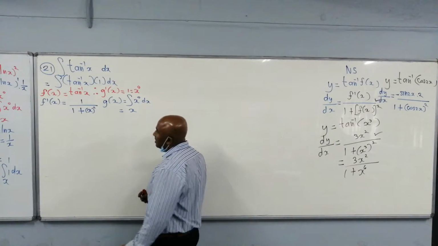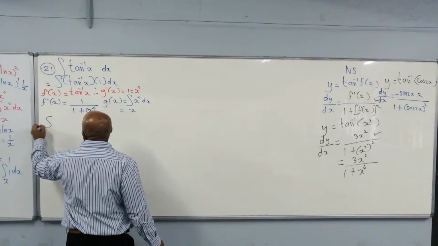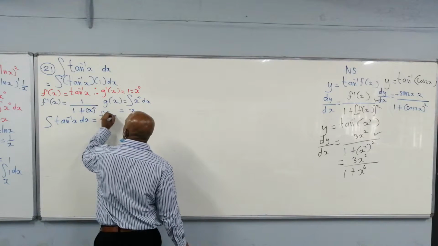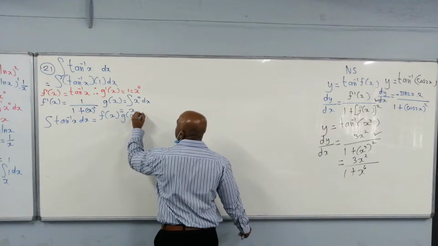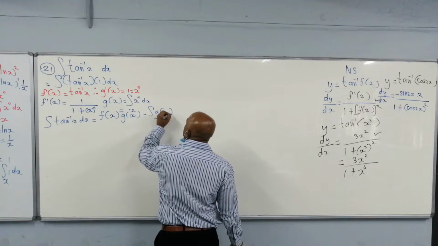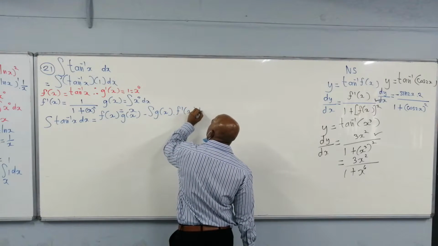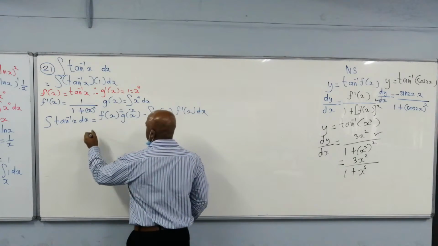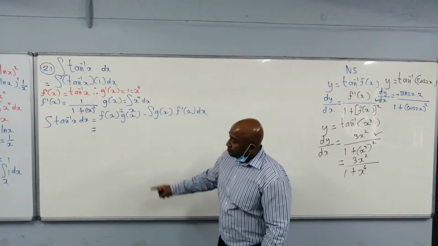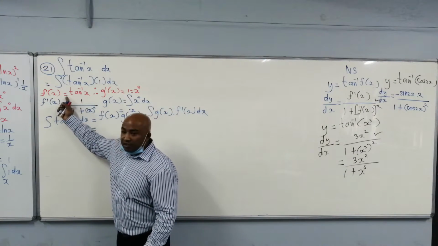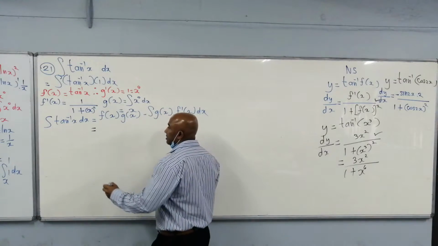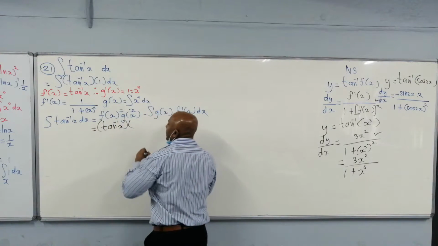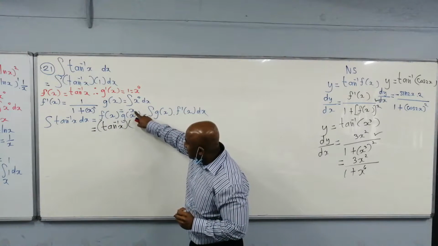Once we've got this, now we can write down the formula. The integral of inverse tan x is equal to f of x times g of x minus the integral of g of x times f prime x dx. Let's do the substitution. F of x is inverse tan or arctan, multiplied by g of x, which is x.